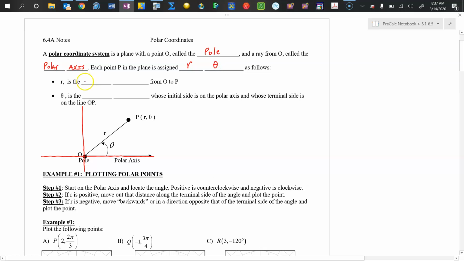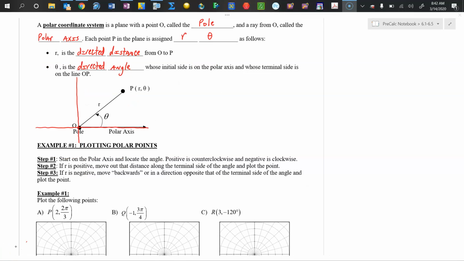So again, r is the directed distance, which I will explain more about in just a moment, and theta is the directed angle. Essentially, that means that they have positive and negative directions associated with them. To better understand how to graph points using a polar coordinate system, I'd like to show you some examples.